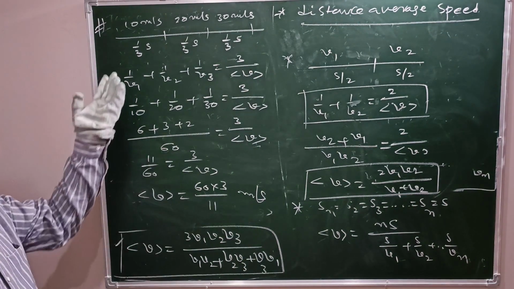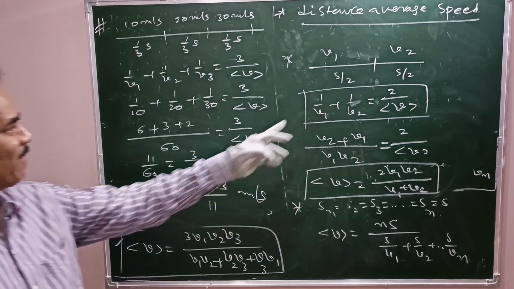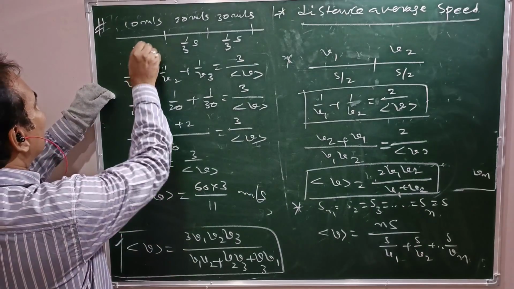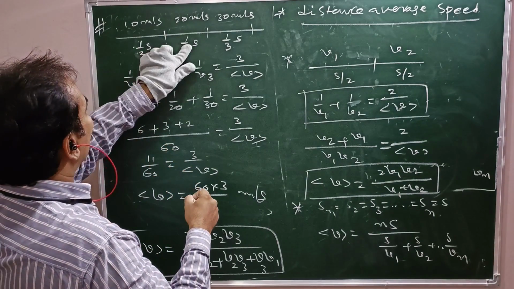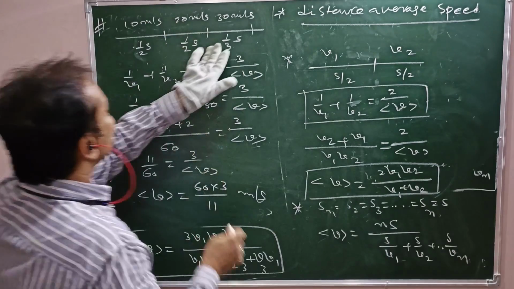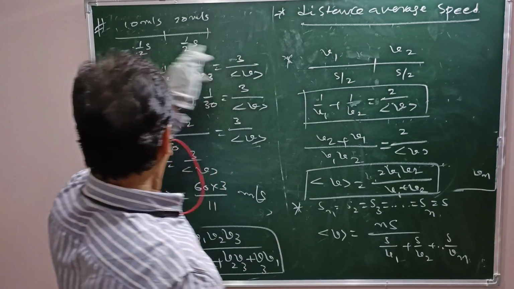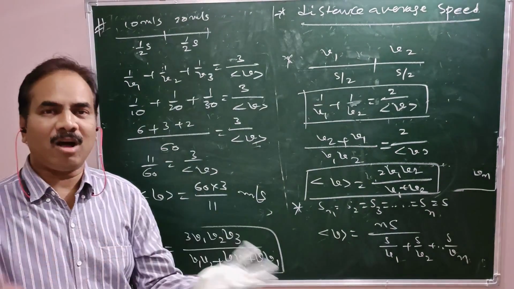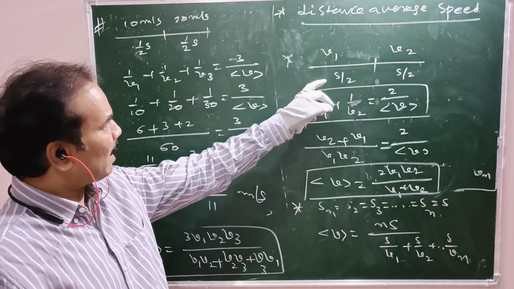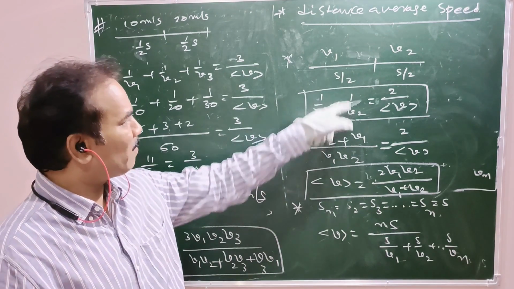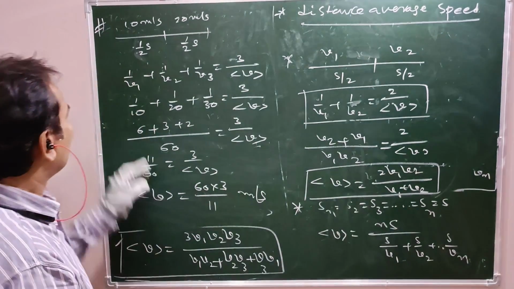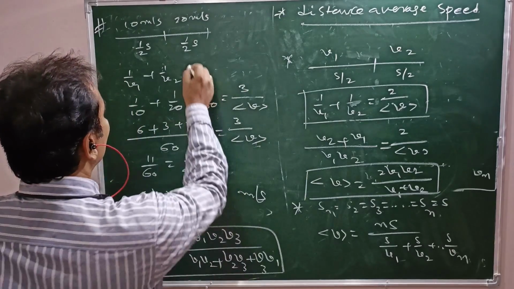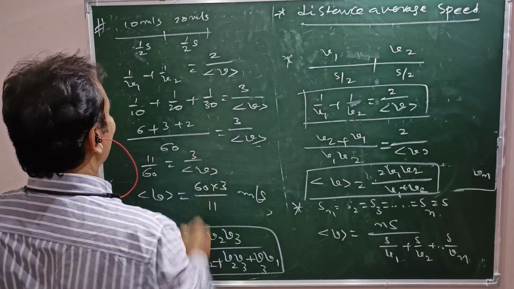So coming to 2 equal segments like this. Suppose half of the distance with the speed 10 meters per second, the remaining half of the distance with the speed 20 meters per second. Find the average speed in this case. Here the total distance is divided into 2 equal halves, which is why we have only 2 segments. That is 1 by v1 plus 1 by v2 equal to 2 by v average, no third term here.